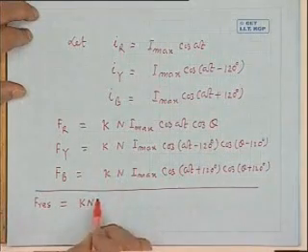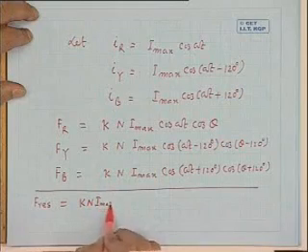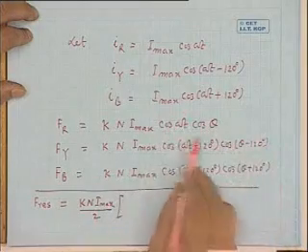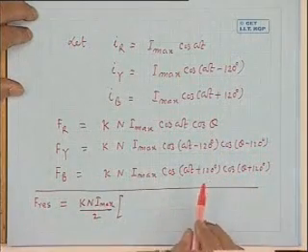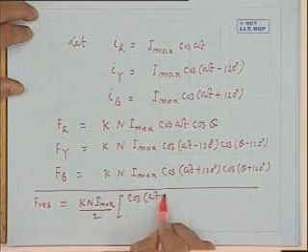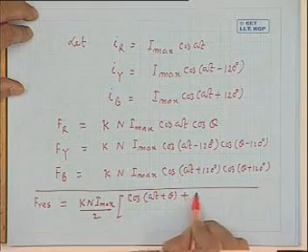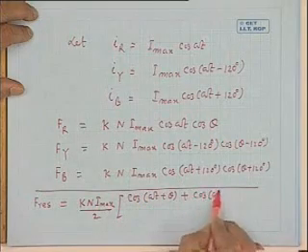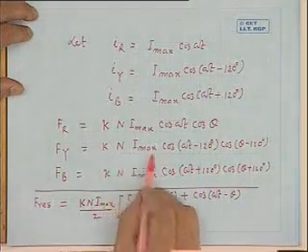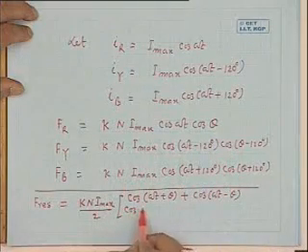The sum of these three can be calculated as k into n. What is n? N is the number of turns per phase. Into I max you take common. Divide it by 2, multiply it by 2. So 2 cosine A cosine B is cosine of A plus B plus cosine of A minus B, the first term.